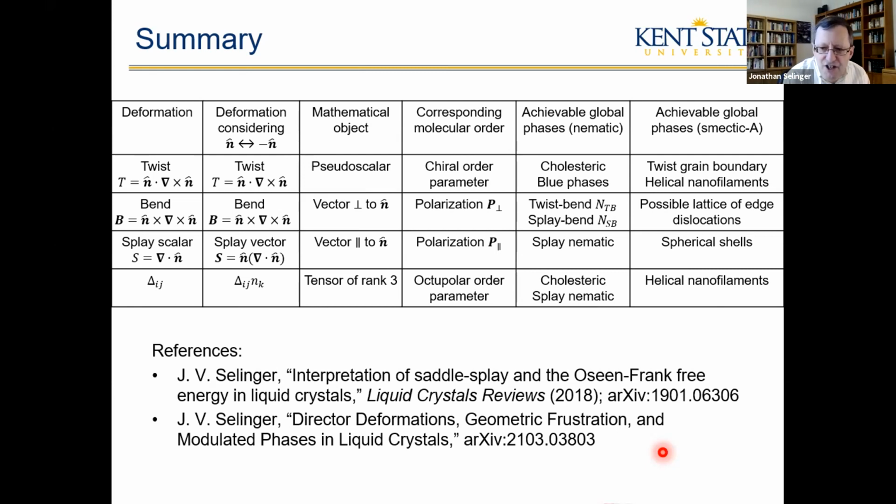And so a biaxial nematic phase does not have a spontaneous tendency for a director deformation, unlike something with one of these other types of order, polar order or chiral order or octopolar order. And so that can be present also without inducing a modulation. So maybe that's at least a partial answer to your question.